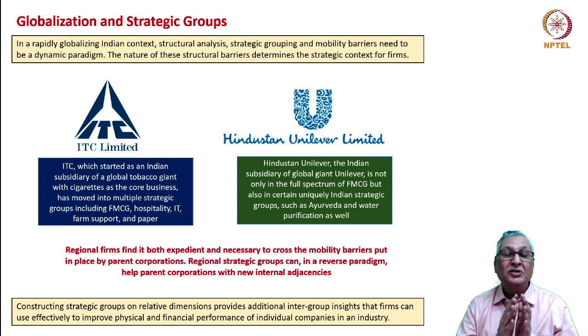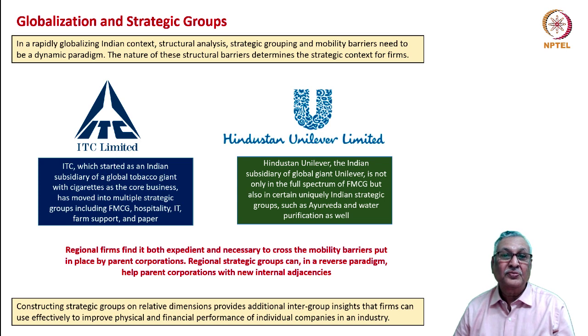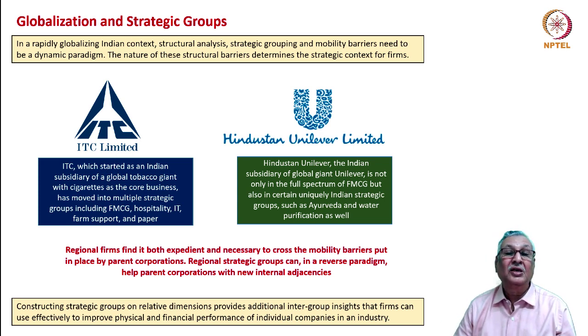So analysis of the industry through structural analysis at the industry level has to be complemented by analysis of strategic groups at the group level so that the firm level positioning can be improved. And while you may not be able to switch between industries easily, there is always this temptation to switch between strategic groups, but that has also to be done in a very careful, calibrated manner which reflects the structural and strategic realities of such movements.